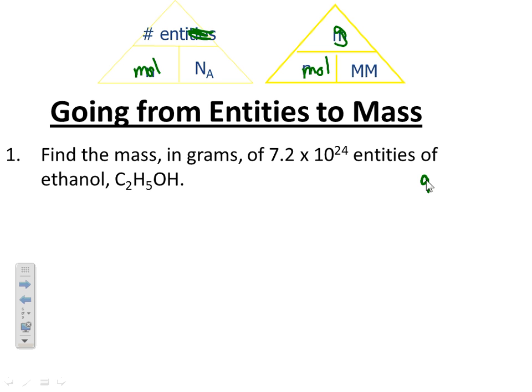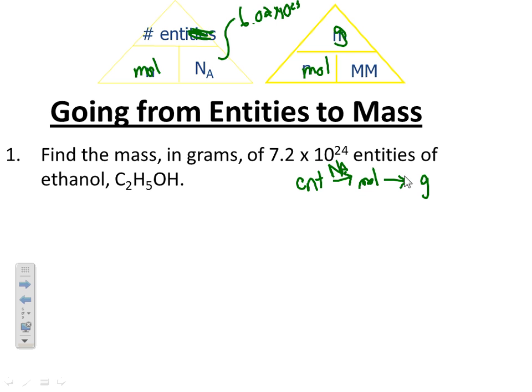I want to get the grams. I'm starting with the entities, which means I'm starting with this table. I always know this number, 6.02 times 10 to the 23. So I can put entities and Na together to get moles. Notice how moles are always in the middle. To get from entities to moles, I need the Na.